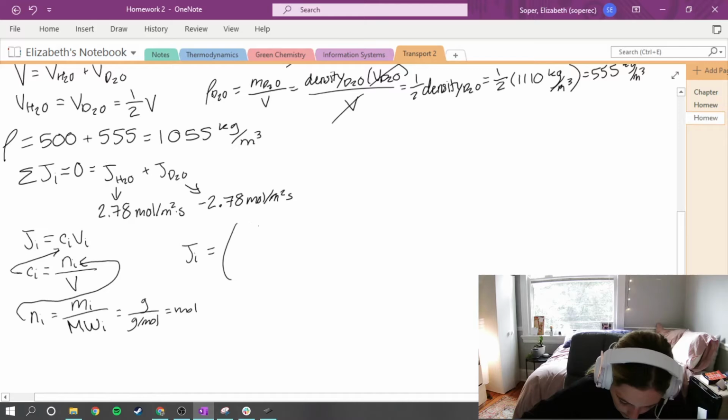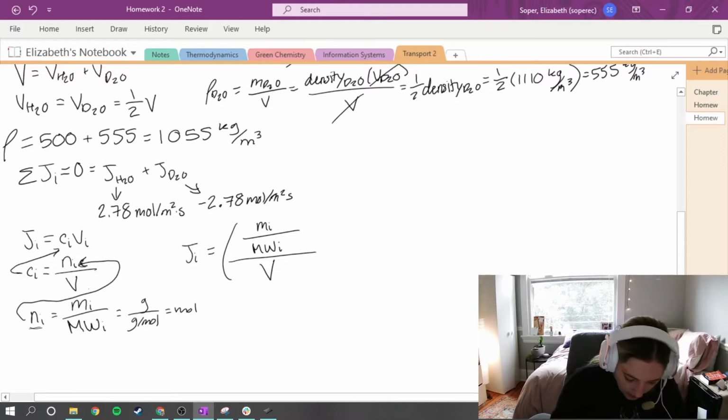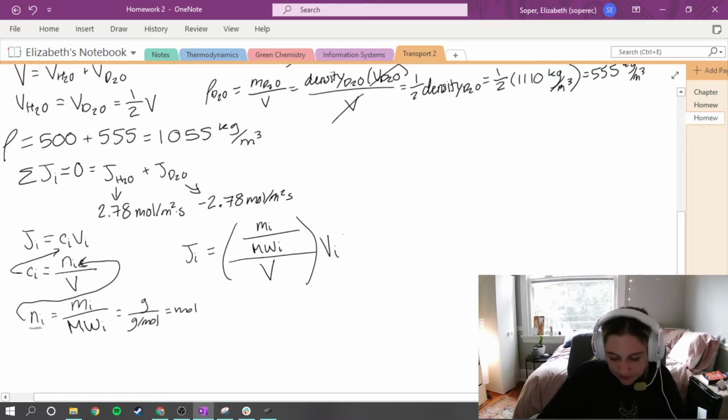So we have mass over molecular weight, all of that over the volume. So we just plugged this into here, and that is plugged into Ci, which is the molar concentration, and then all of that times the velocity of the component i.